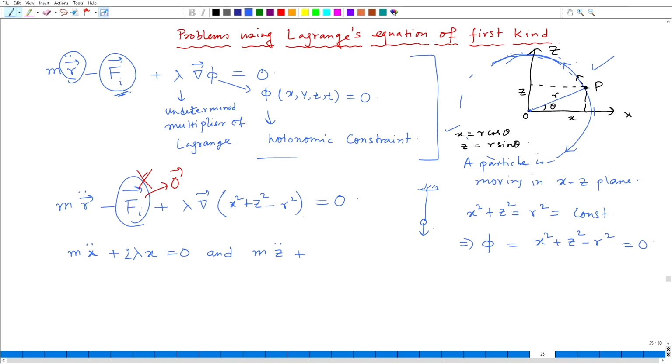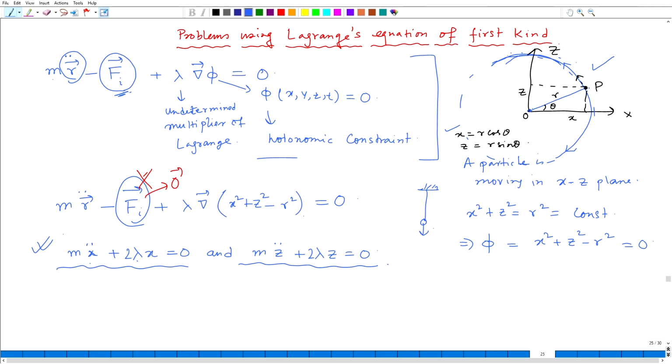Okay. So, you will see, and m z double dot will simply be plus lambda 2 lambda z equal to 0. Now you will have two equations which are quite similar. You can see that we have to eliminate lambda to find a relation between x and z.